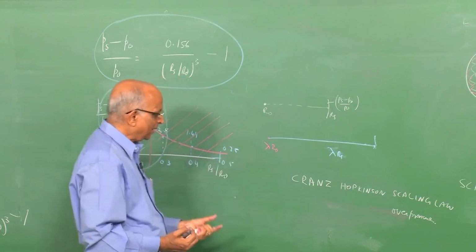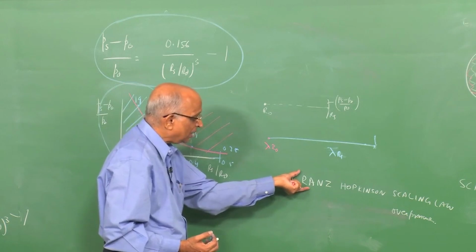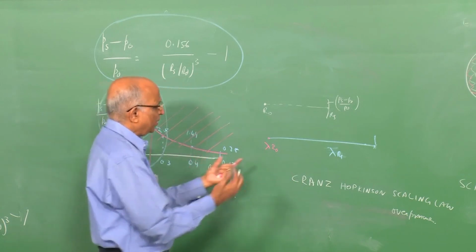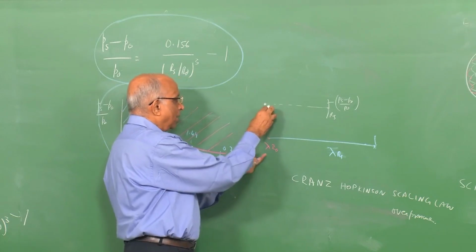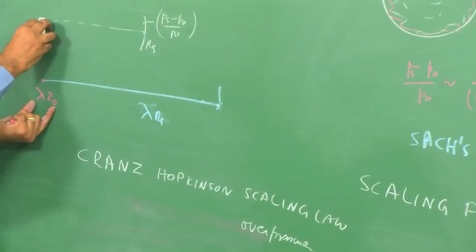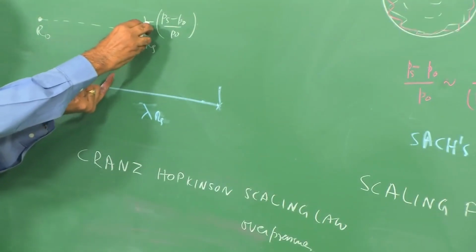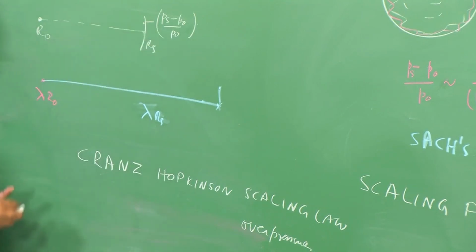As simple as that. This is the Kranz-Hopkinson scaling law, and it is used left and right in the explosion industry because we would like to find out what is the energy release from an explosion, how it affects the pressure at some distance away, and Kranz-Hopkinson scaling is widely used.